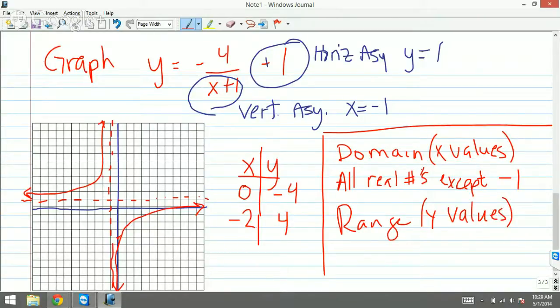Does anybody know what the range of this function is? All real numbers except 1. That's the horizontal asymptote, right?